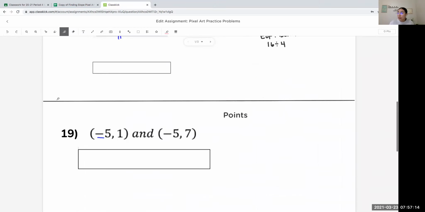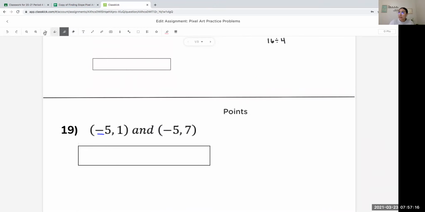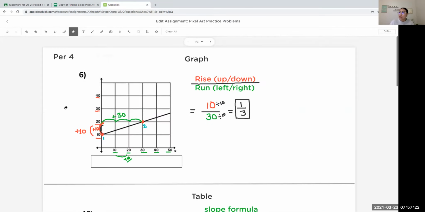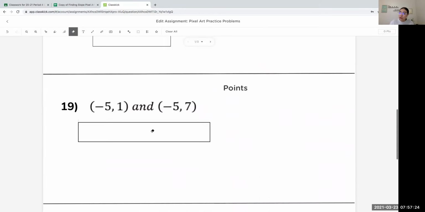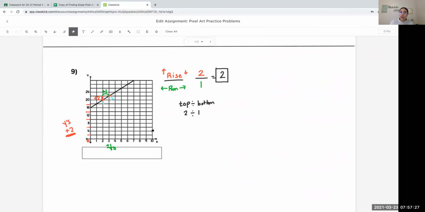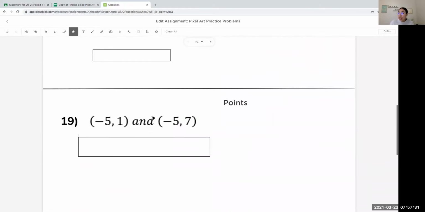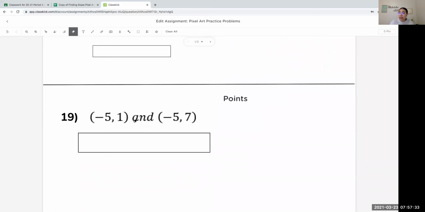So I'm going to work through 19. Well, I picked 19, but I'm going to let you guys choose if you prefer a different one. So far I've given you 2 examples of a graph, an example of a table, and I'm going to give you an example of points.